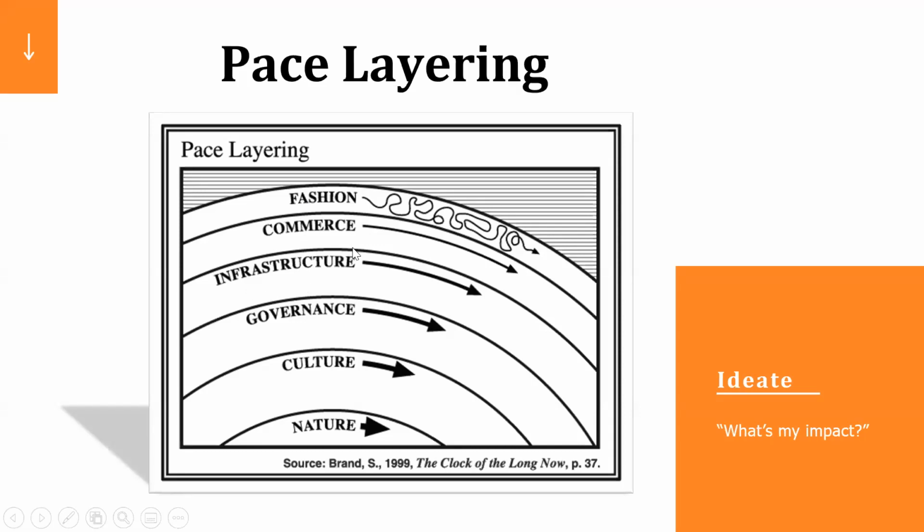Infrastructure are the core things that we will need to change over time, for example within, let's say, 3 to 5 years. So fashion is like 1 to 3 months or per quarter. Commerce are the things that we need to improve or change within 1 year.